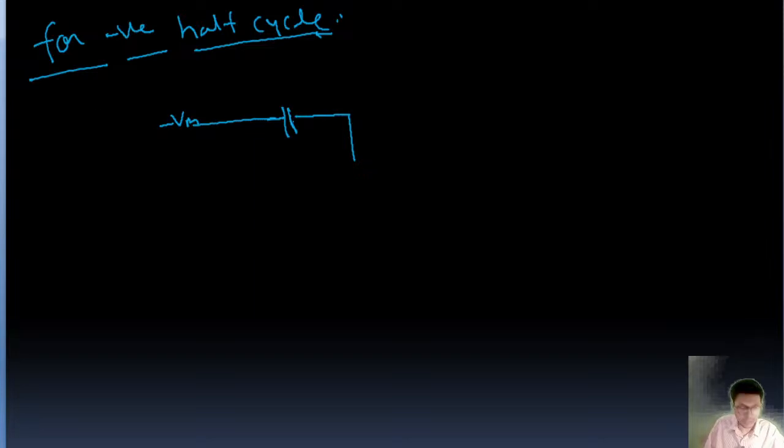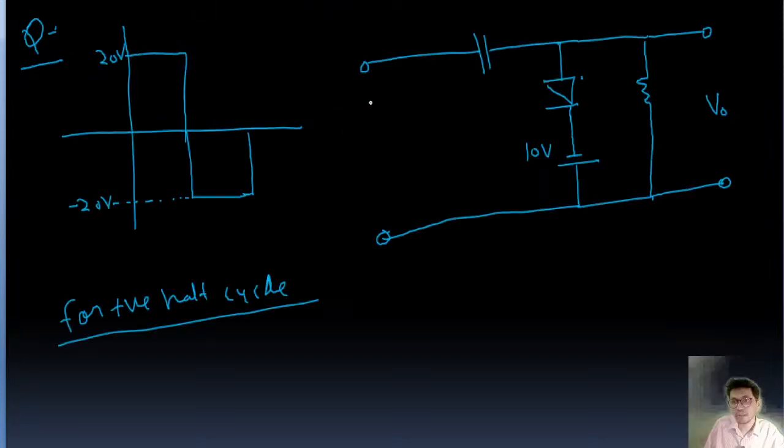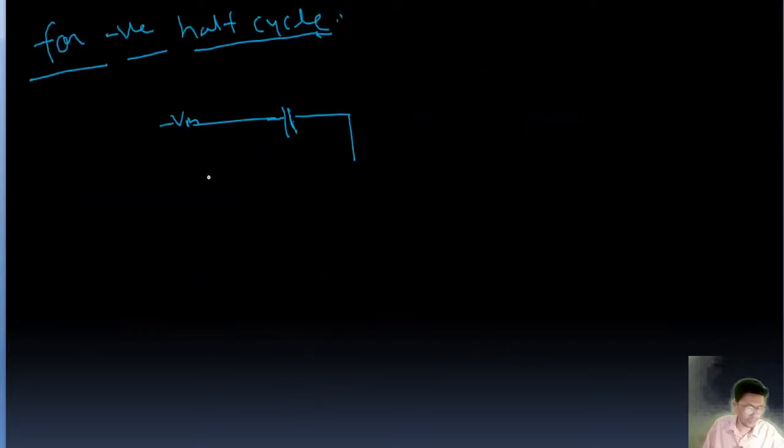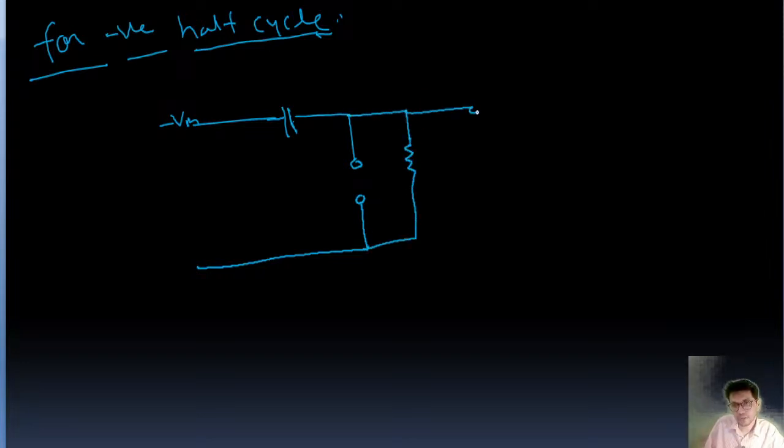And for the negative half cycle you can see negative and positive, so this is going to be reverse bias, which means open circuited, right? So this is going to be like this. This is the capacitor, this is open circuited, there is no current, and this is resistance, and this is output.